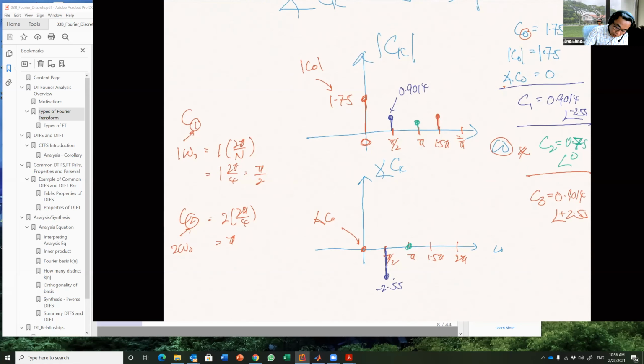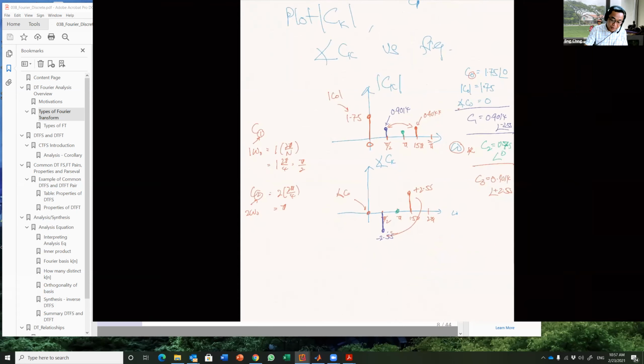So in fact, these two guys are identical in height. And not only that, the phase plus 2.55. They are complex conjugates of each other. Okay, so this is the answer, and you get 6 marks.